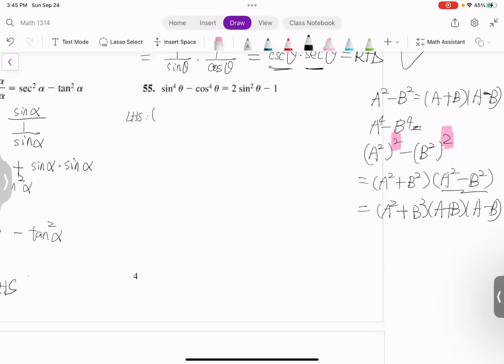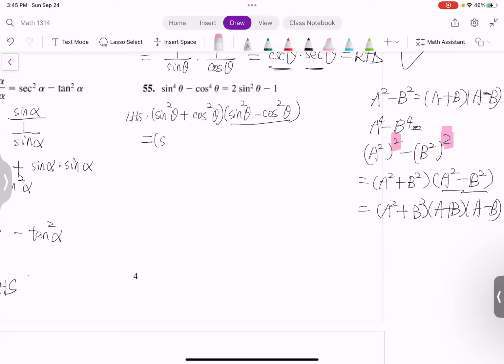All right, if I see this, let's use the conjugate formula. I'm having sine theta squared plus cosine theta squared multiplied by sine theta squared minus cosine theta squared. Continue to use the conjugate formula to factor the second factor.